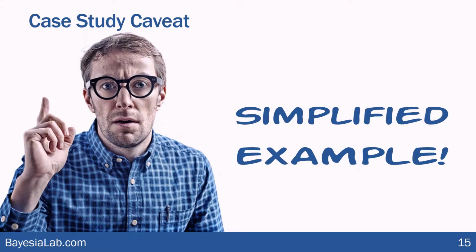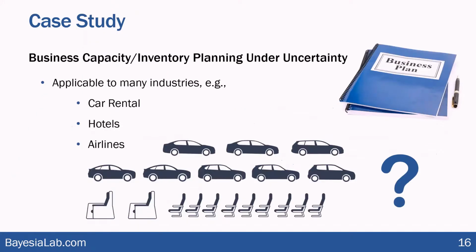Now, to illustrate our approach, we'll share with you a very, very simplified example. I should add that as a caveat, because you may laugh about some of the simplistic assumptions that we make for this fictional business plan we're about to propose. So this is what we want to do. We want to start a new business or new business division for which we need to plan inventory or capacity.